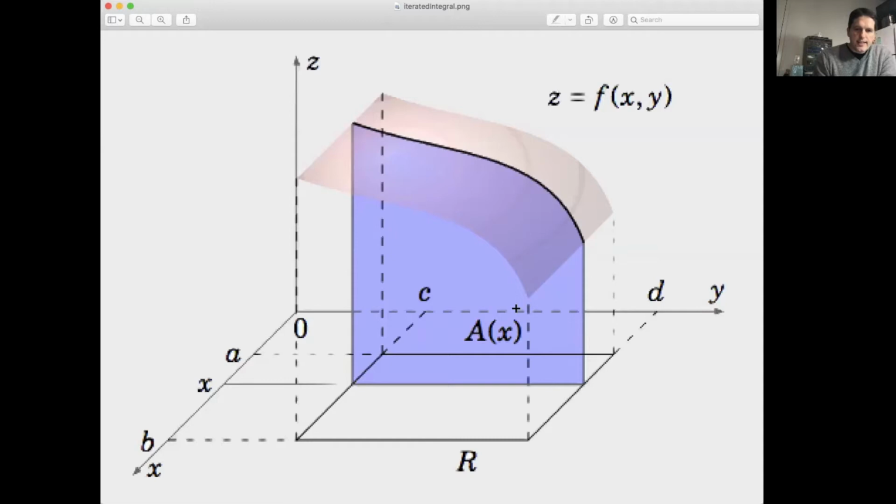Well, we have to take the area, which here is the area of this slice, called A of x. And then we have to multiply that area by the width of the slice. So it's like area of the base times the height. If we take A of x and multiply it by the width of this slice, then we get the volume of this slice. And then we just add up all those individual volumes.